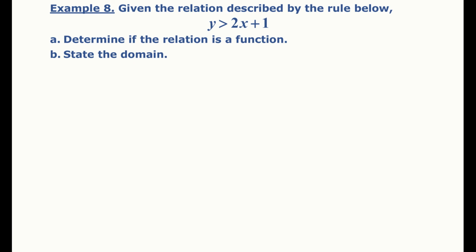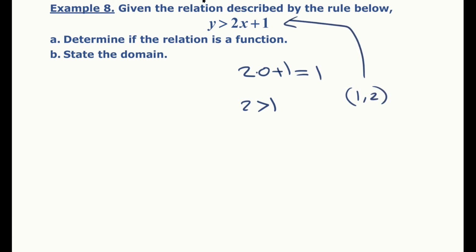So here, if I take a single input, such as 0 for simplicity, notice that 2 times 0 is 0, plus 1, which is 1. Notice that if I pair that with, say, 2, then we can see that the ordered pair (1, 2) satisfies this relation.